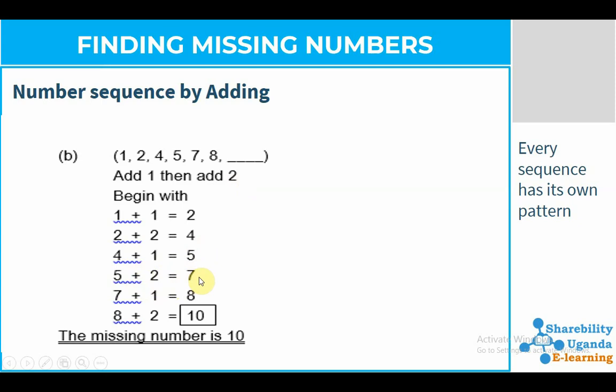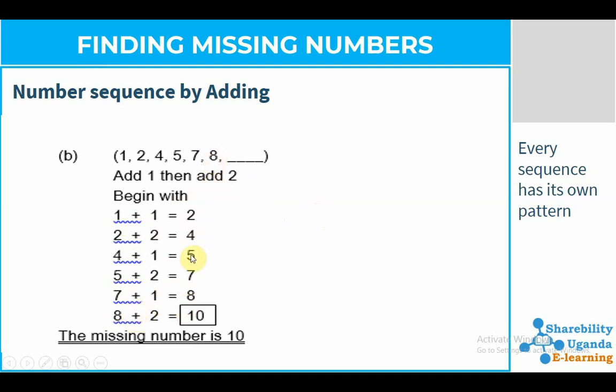Then our answer 7, we add 1. That means we have a sequence of adding 1, then adding 2. We add a 1 first, then to the answer we add a 2. So that is the sequence that we are going to use. When you follow that sequence, we get our 8 here, because we got 7 as the answer, so we add 1 and get 8.